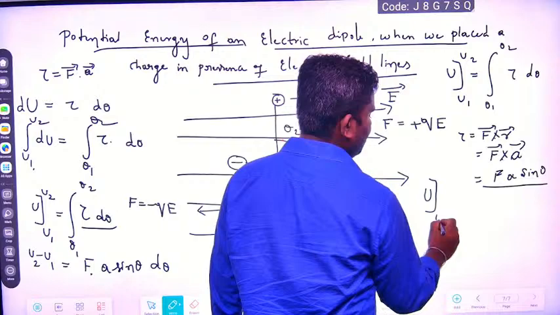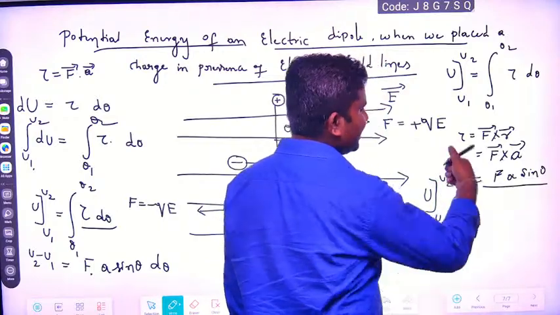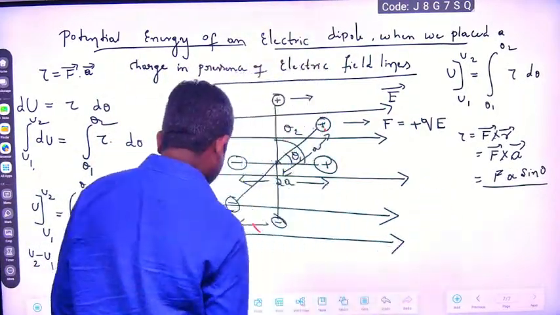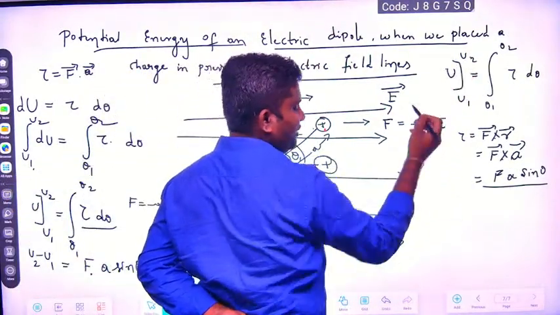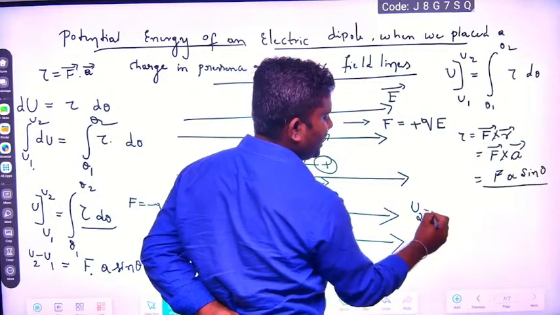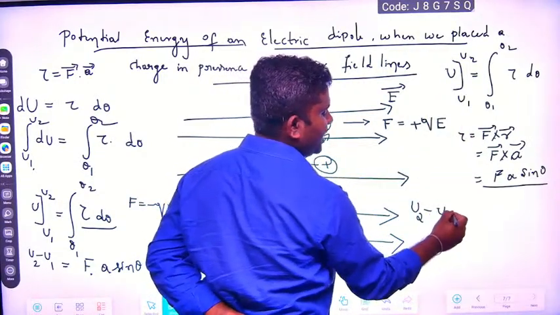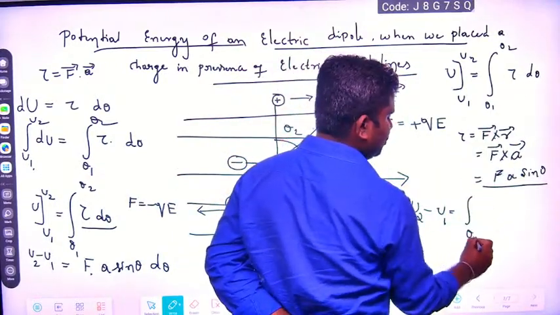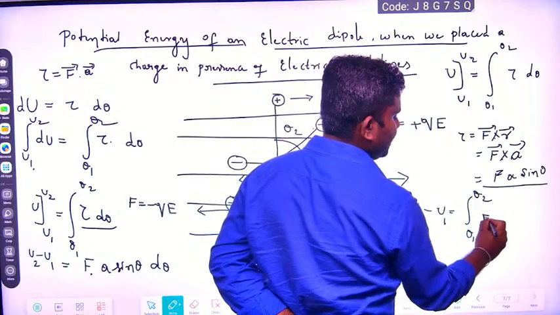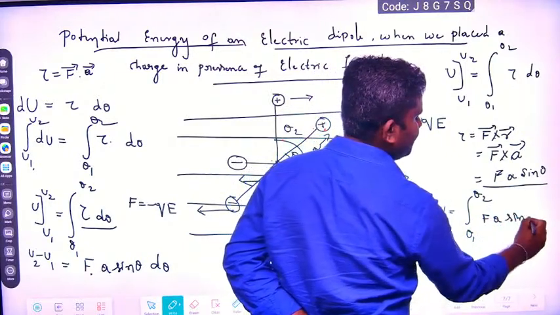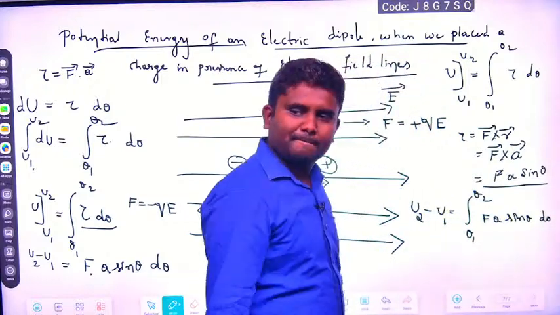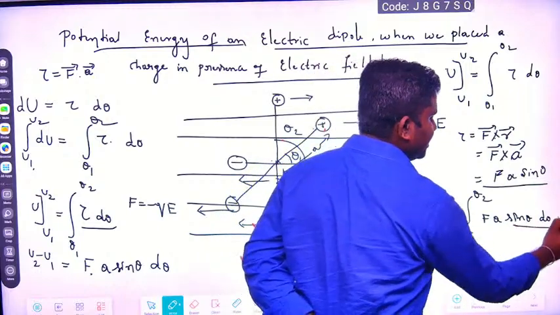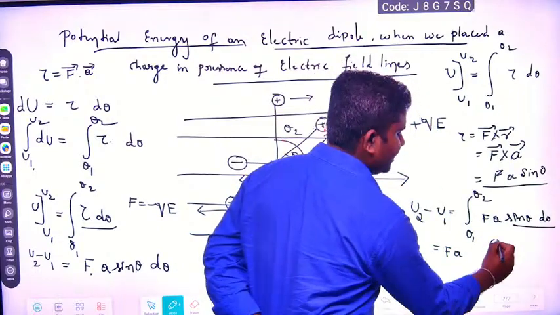U from U1 to U2 equals, I will directly apply limits. You just see how I apply limits, and you will understand. Take the upper limit U2 minus the lower limit U1, which equals the integration from theta 1 to theta 2 of F A sin theta d theta. Take FA out: F into A, integration of sin theta d theta from theta 1 to theta 2.